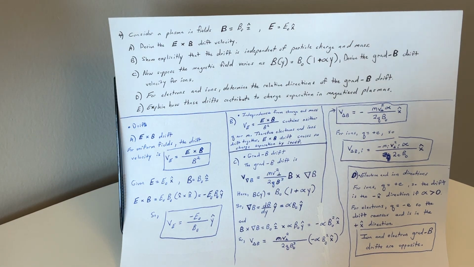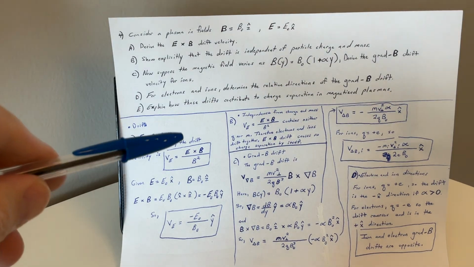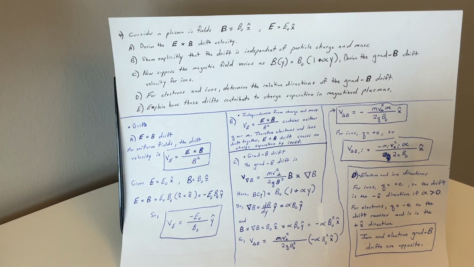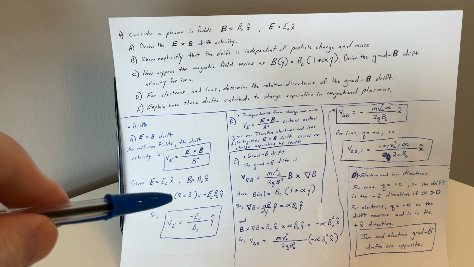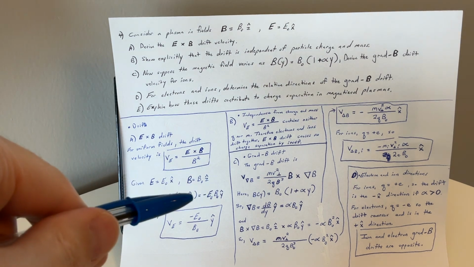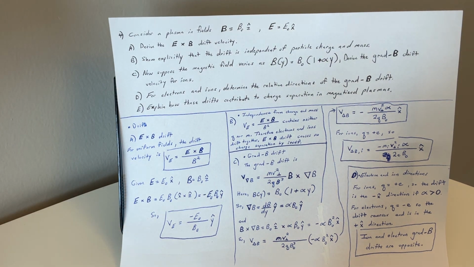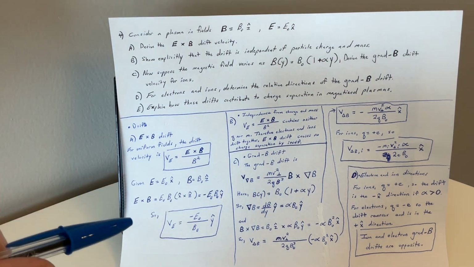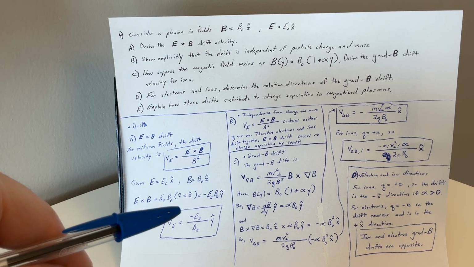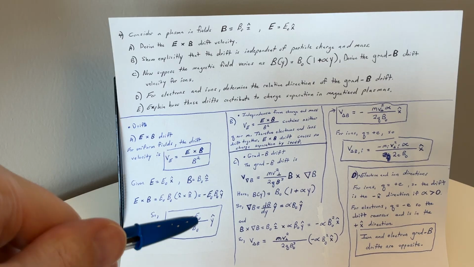We're given E equals E_0 X hat, B equals B_0 Z hat. E cross B equals E_0 B_0 times the quantity crossing X hat and Z hat. So you're going to wind up with negative E_0 B_0 Y hat. So V_E equals negative E_0 over B_0 Y hat.